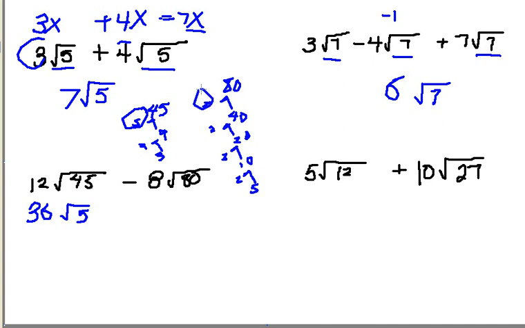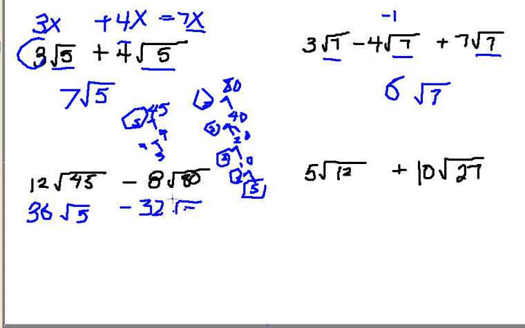I've got 2 2's, so I'm going to put 1 2 out front, and I've got 2 more 2's. So basically I'm going to put 2 2's out front, or in other words 4. 4 times 8 is going to be 32. So now this is subtract 32. And notice that because I moved all these 2's out front, all I'm left with under the radical is this 5, so minus 32 root 5.